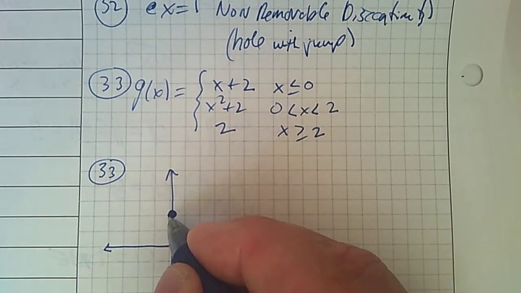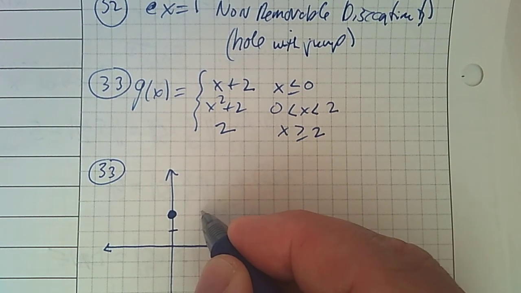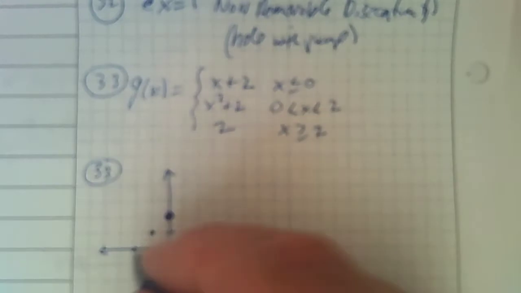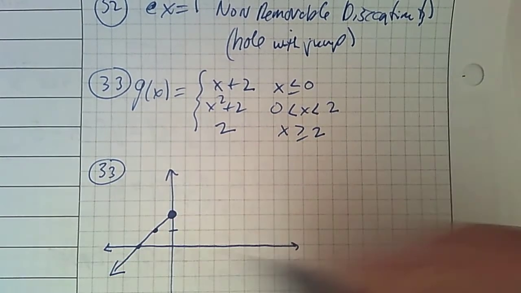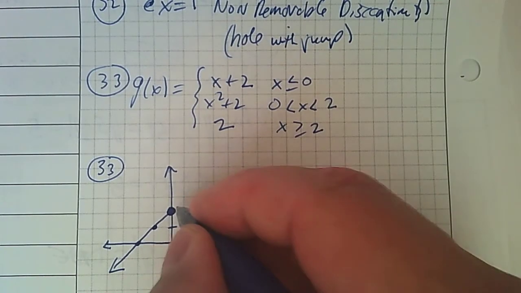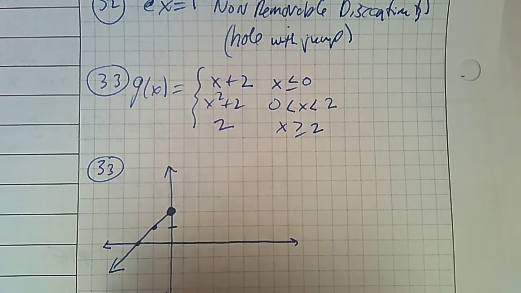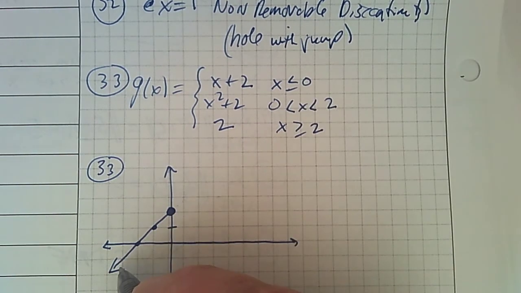Now normally I would go up 1 and to the right 1 and draw it, but I don't want to draw it to the right. So I want to make sure that I'm drawing it to the left only, up to that point. Even though it looks a little confusing that the arrow is pointing down, think that this is actually a full line, but I'm only drawing it from -infinity to 0. So when x is less than or equal to 0, this is what the picture looks like.